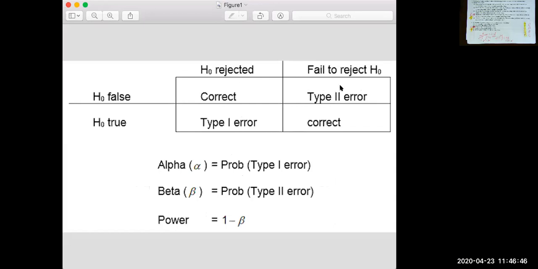The probability of a type 2 error is beta. Very few of you watched those videos regarding this. If you don't know what this is, I suggest you watch those videos. Power is 1 minus beta, so 1 minus the probability of a type 2 error.